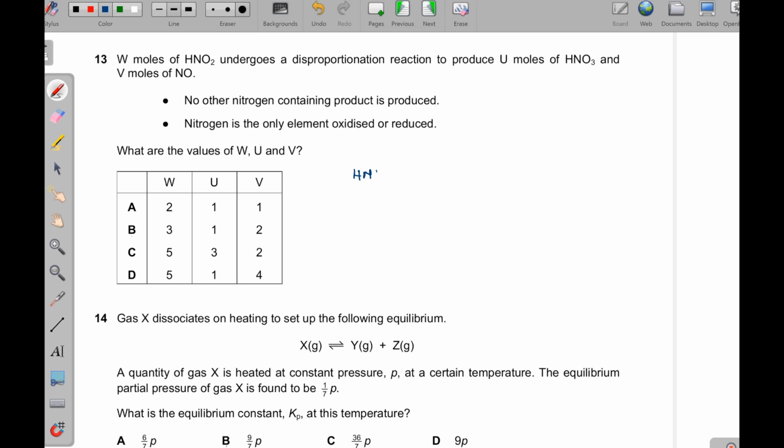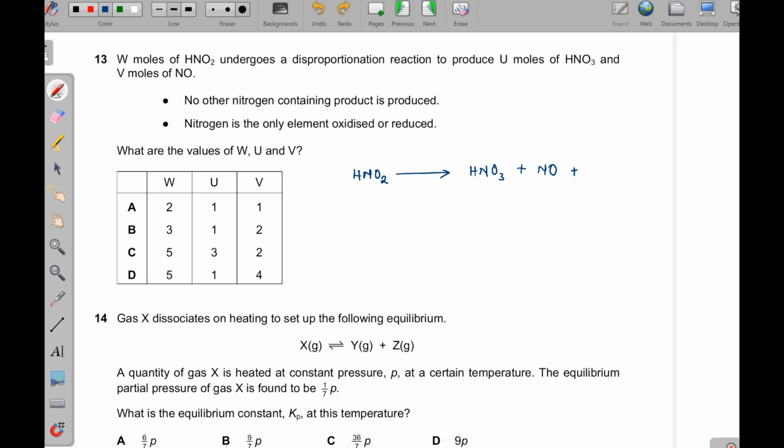Nitrous acid undergoes a disproportionation reaction. You get nitric acid, and then you also have what? Nitrogen monoxide. Now there has to be something else which we are going to find out, because they said no other nitrogen-containing compound. It doesn't mean that these are the only products that we are getting.